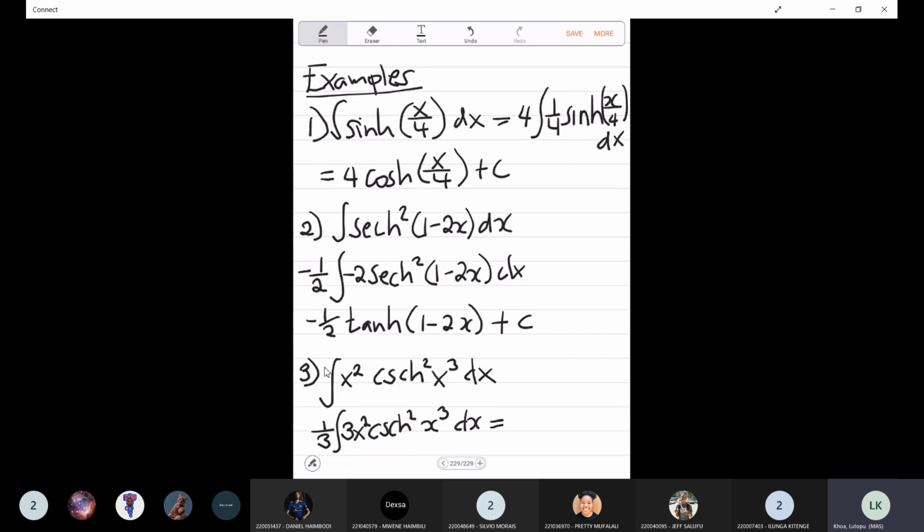And then you can just integrate. The integral of cosech hyperbolic squared is minus coth. So I have minus 1 over 3 hyperbolic coth of x to the power of 3. And then you add your constant of integration.